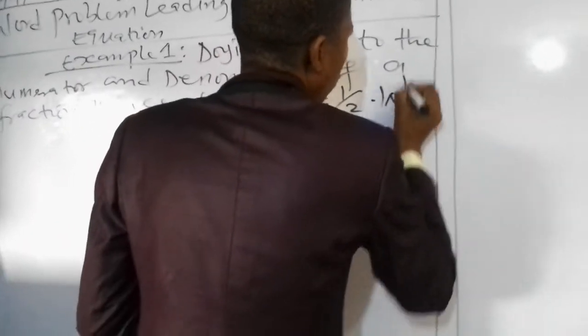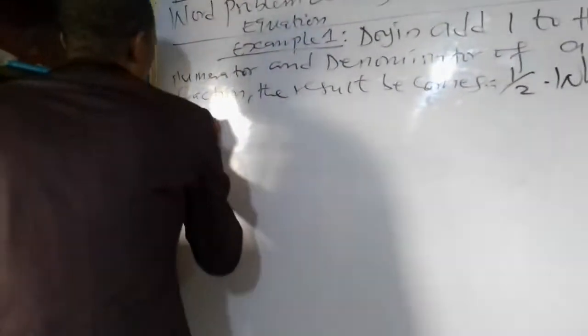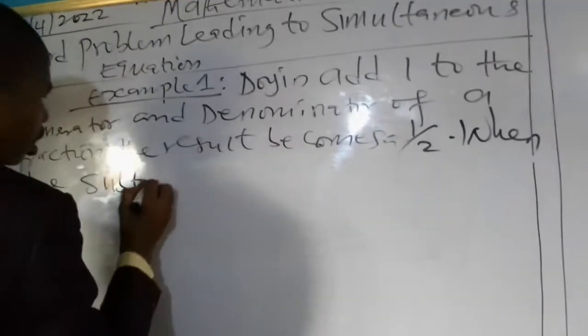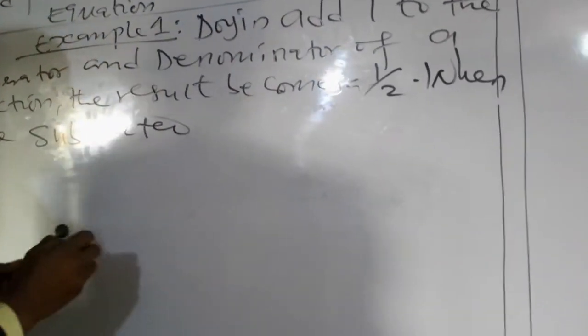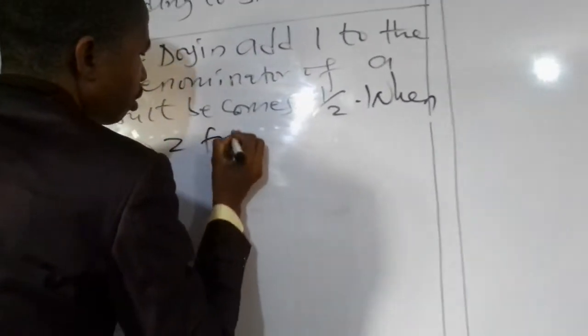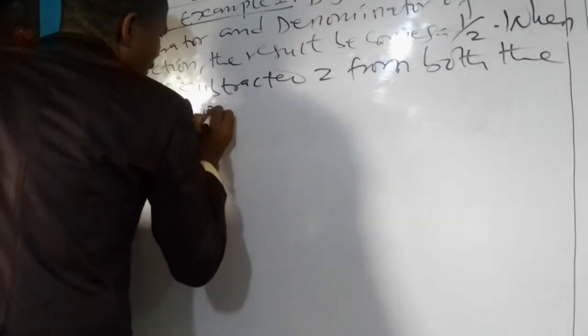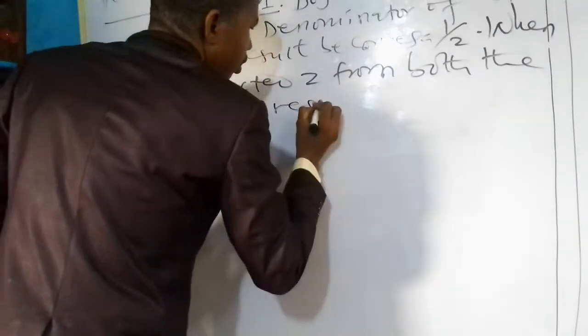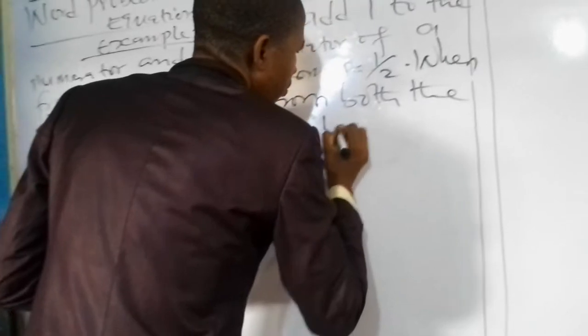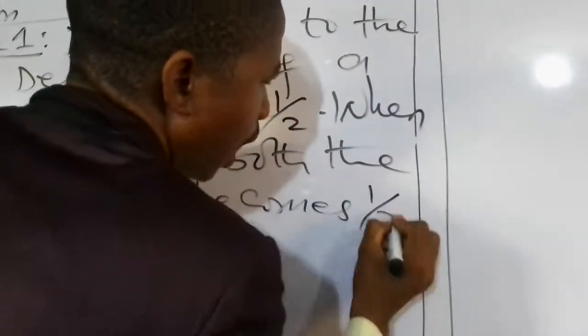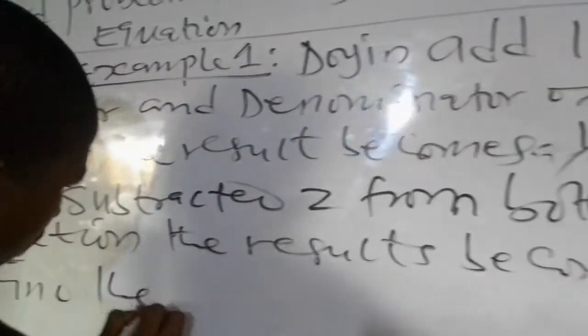When she subtracted 2 from both the numerator and denominator, the result becomes 1 over 3. Find the fraction.